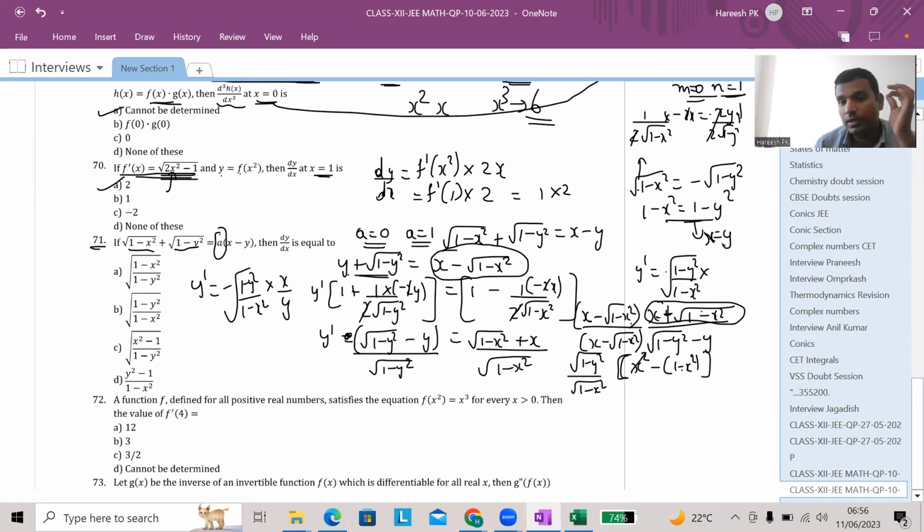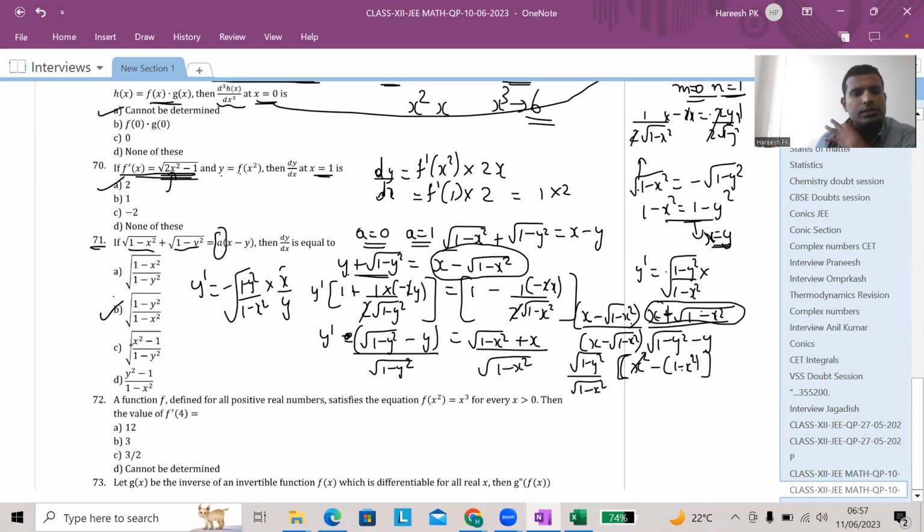x must be equal to y here. So x should be either y or minus y. When I substitute that from the options, it's evident that root 1 minus x square should come in the denominator.